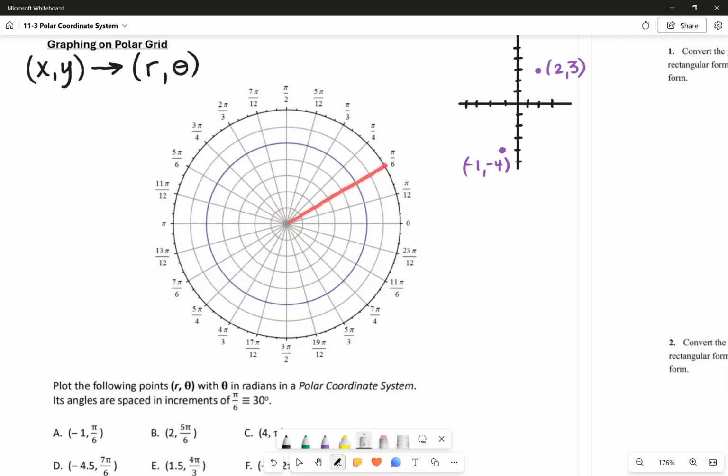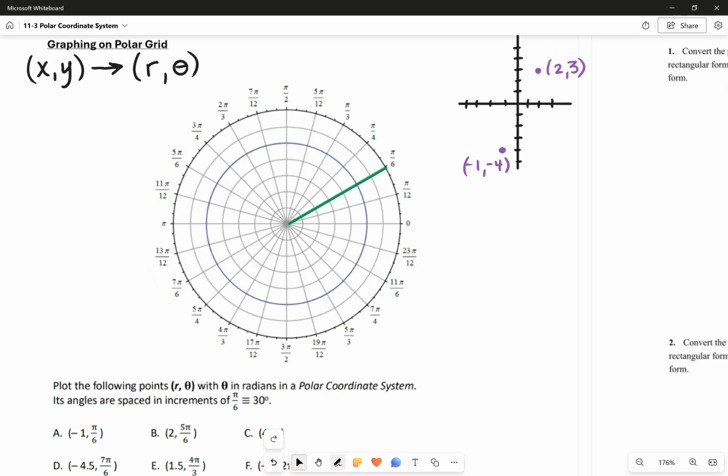But here's the problem. My radius is negative. So look what I'm going to do. Pi over 6, I'm going to use some color coding here, is this terminal side right here. If my r was a positive 1, I would have plotted my point right here. I would go from my origin and go out 1 unit if it was (1, pi over 6). But that's not the case. My 1 is actually negative.